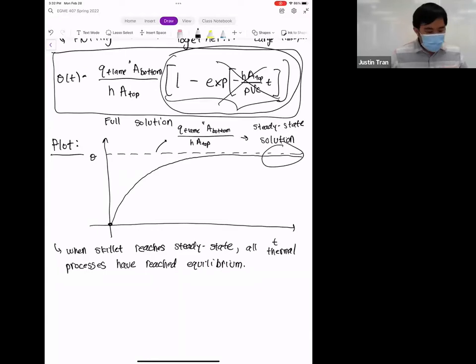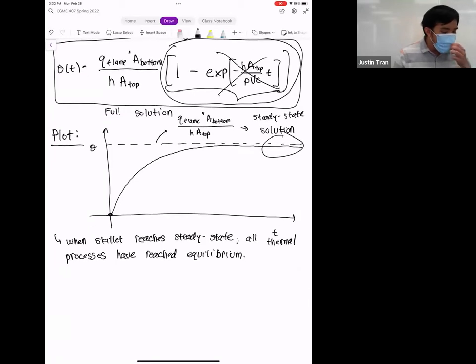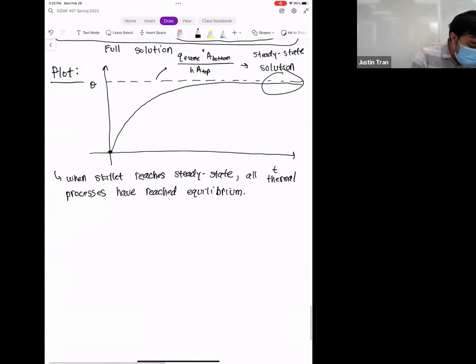All right, so I know there's one more part to this problem. The other part of the problem was to find the time at which the temperature will reach a certain temperature. We can solve for that basically the same way that we've done before.